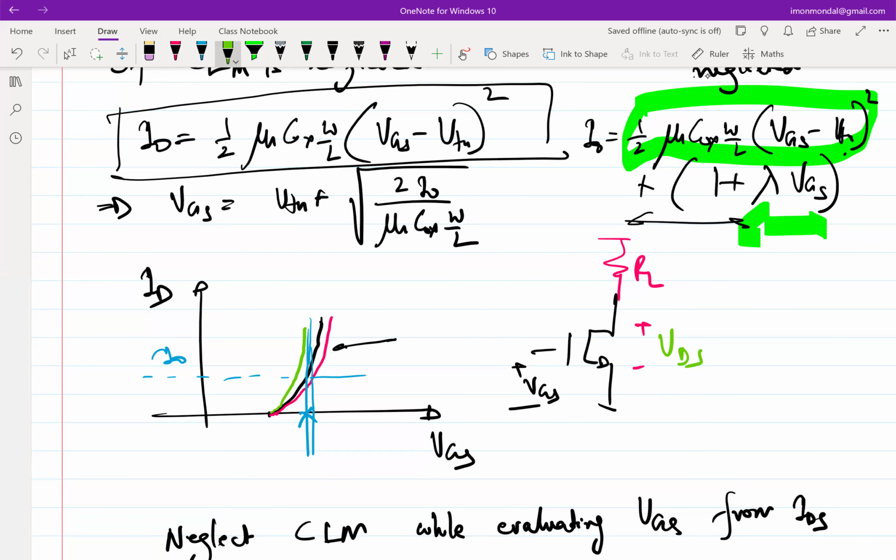But in the presence of channel length modulation, as I'm increasing VGS, VDS is reducing. Look at the expression here: because VDS is reducing, effectively the current would have reduced. So the curve would have shifted slightly to the left. Yes.